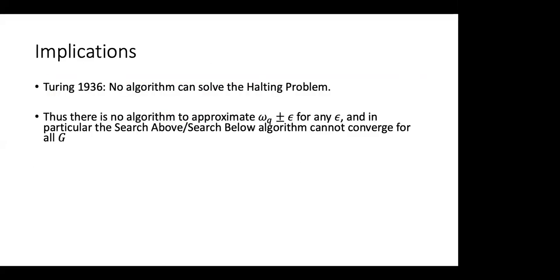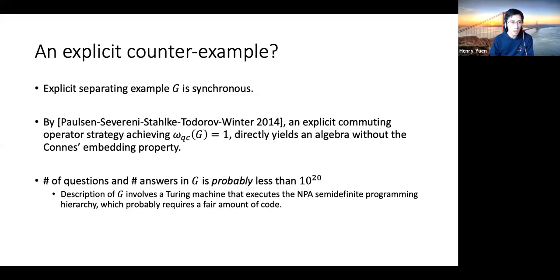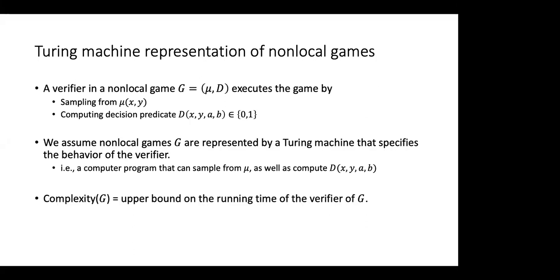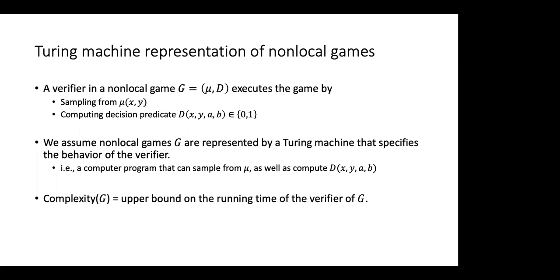Okay, I understand now. So it accepts as input a Turing machine, the output is another Turing machine, the output is polynomial in the input, and the output Turing machine computes a non-local game. That's right. And the non-local game can have an exponential number of questions and answers in the size of the original Turing machine. Exactly.